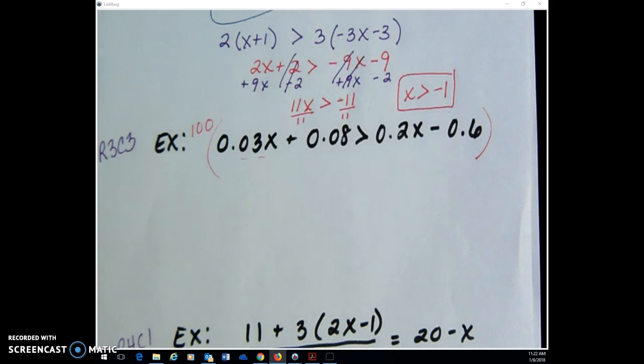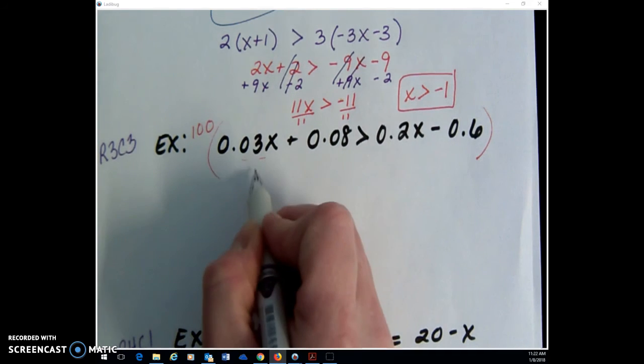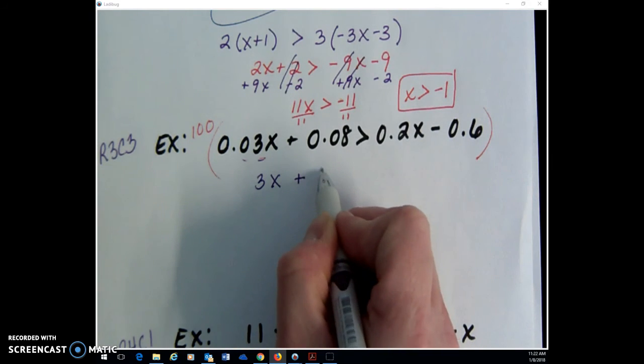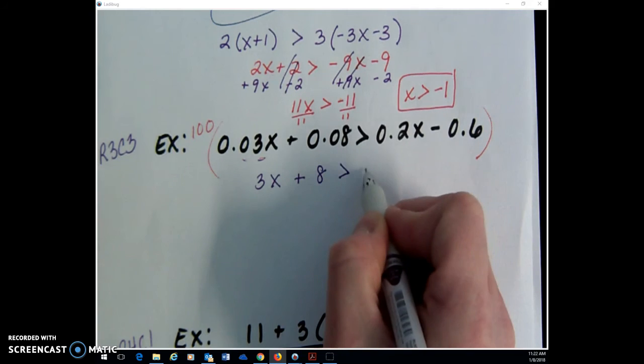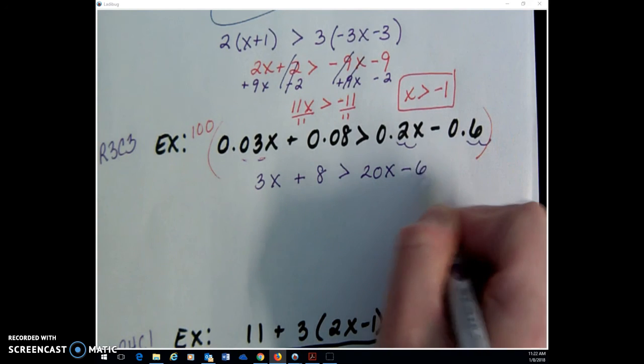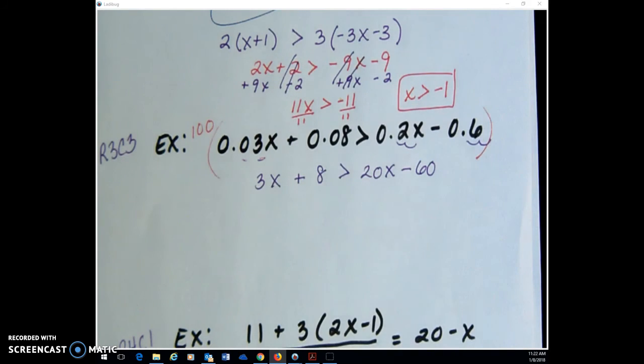I'm going to pick whatever's the furthest out, and then make them all be whole numbers. That's the action that'll work. So this will end up being 3x, and this will be 8 greater than, now this will be 20x minus 60. So you really want to be careful of that.